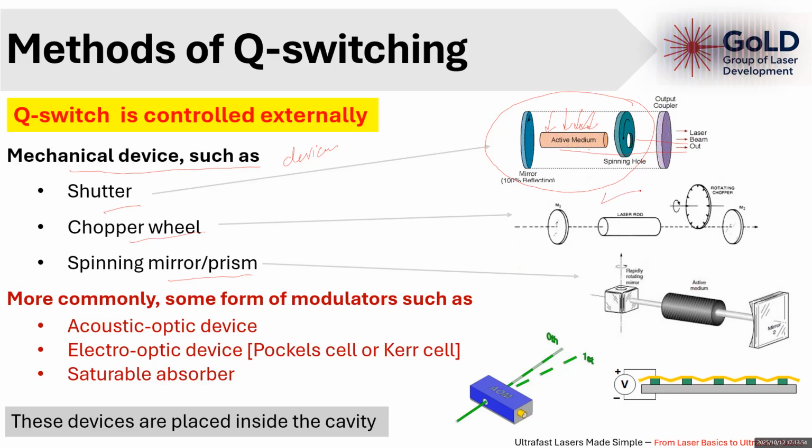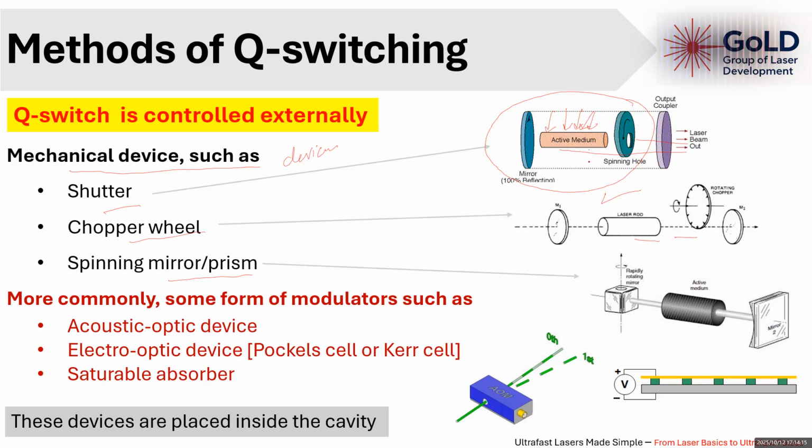The second figure shows the chopper. Chopper means there are small holes on this disc, and whenever a hole comes in front of the gain medium, the laser passes through.